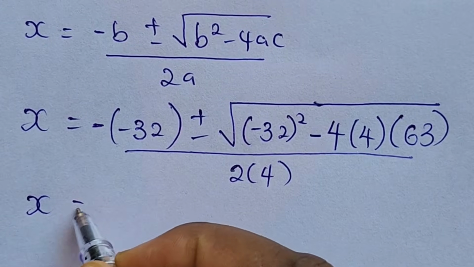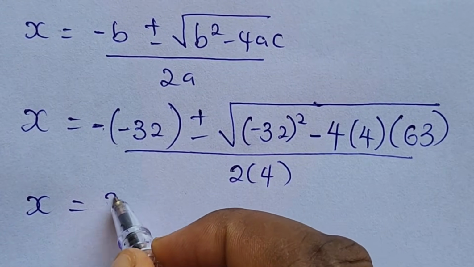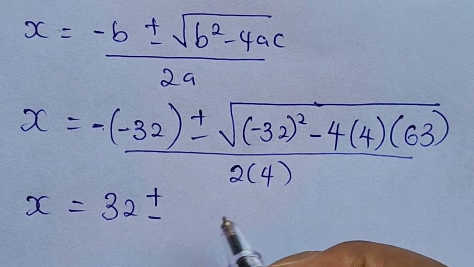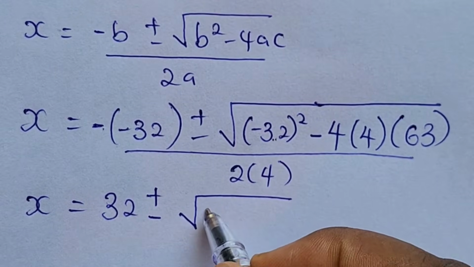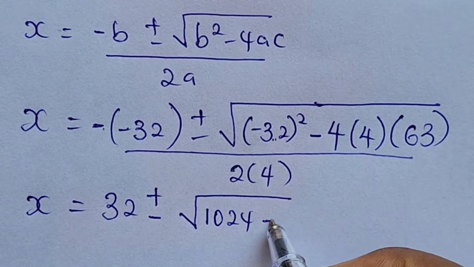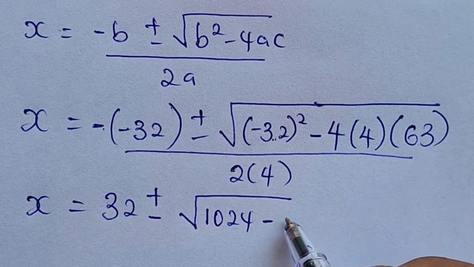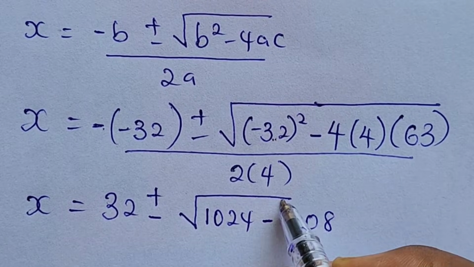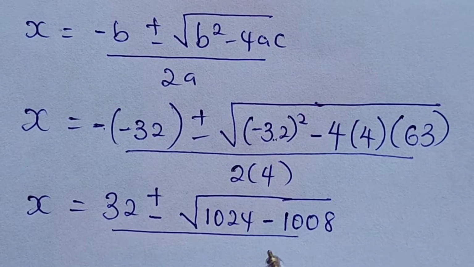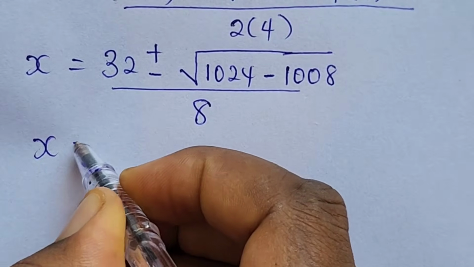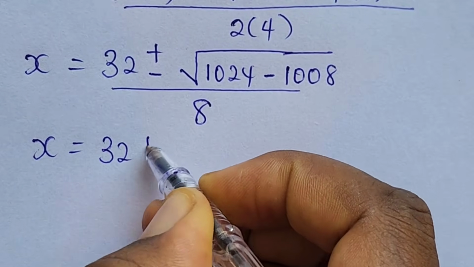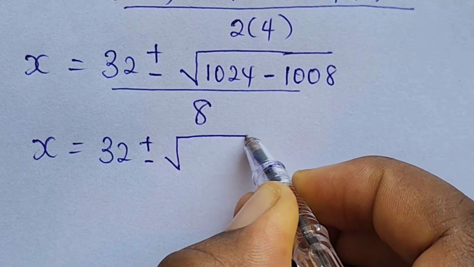We have the square root of 32 squared as 1024 minus, when we multiply through, we have 1008, all over 8.